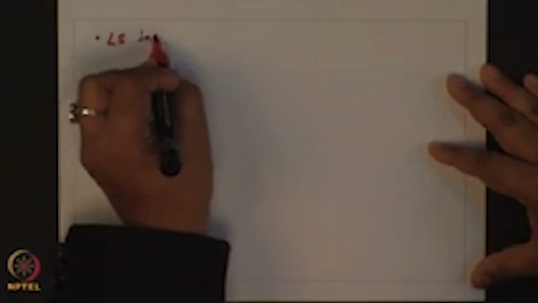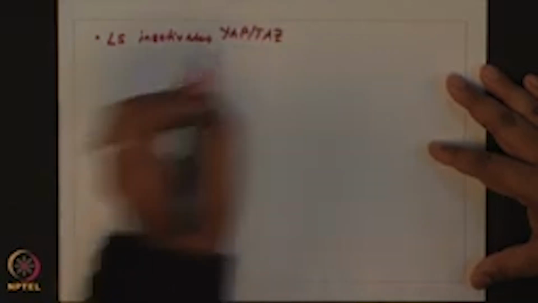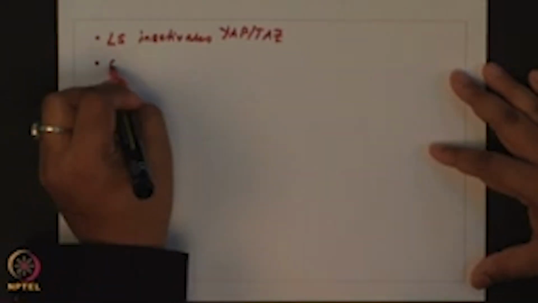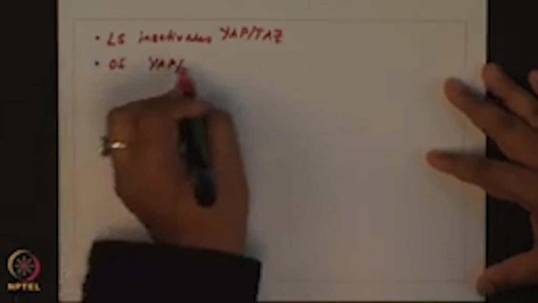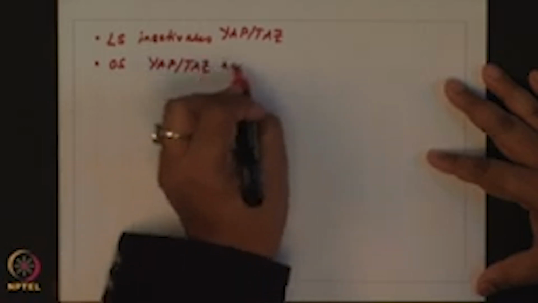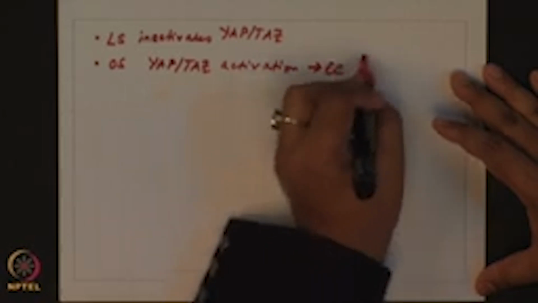So, together what they concluded was that laminar shear stress inactivates YAP-TAZ signaling, while oscillatory shear stress results in YAP-TAZ activation, and this leads to EC proliferation.